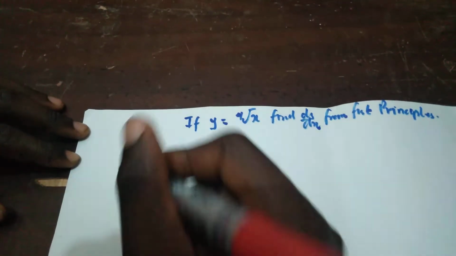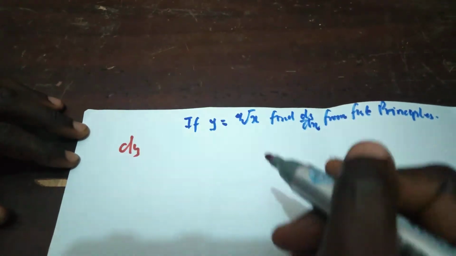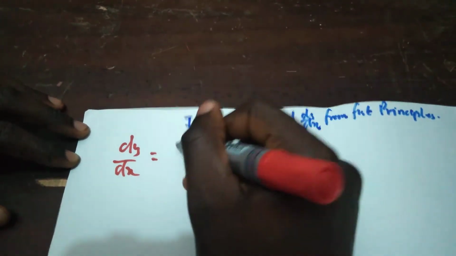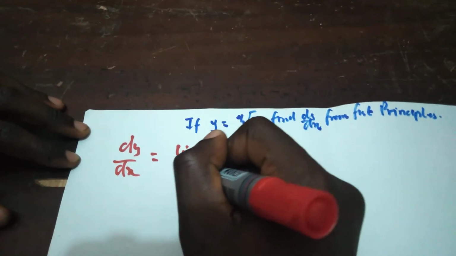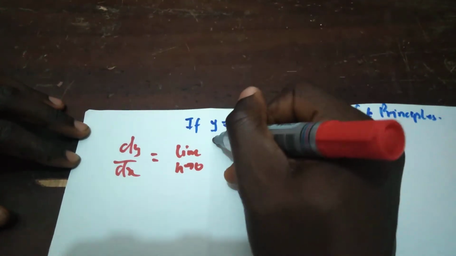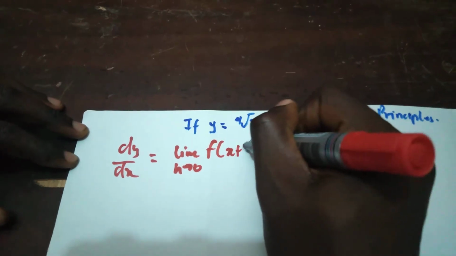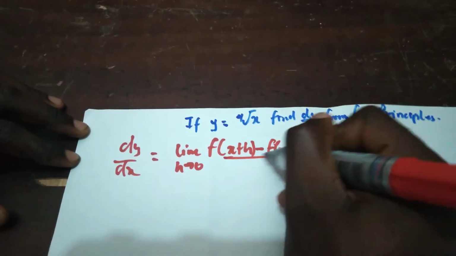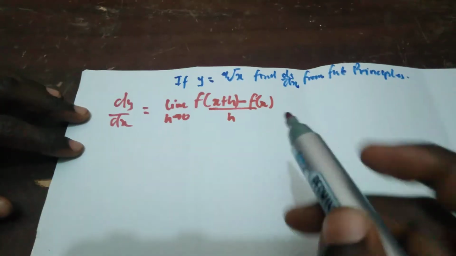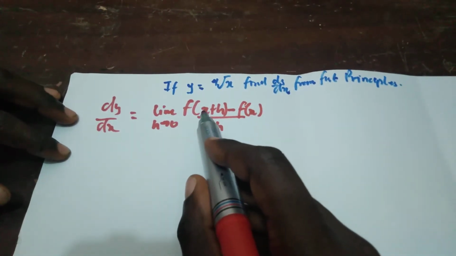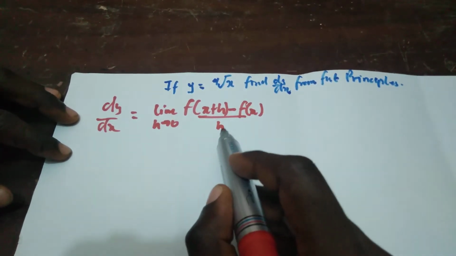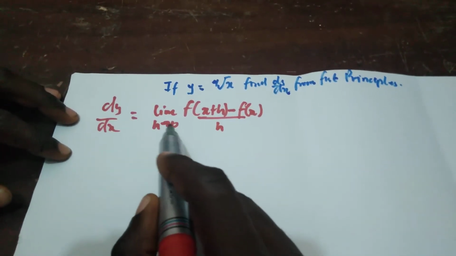First principle says dy over dx is equal to the limit as h approaches 0 of f(x plus h) minus f(x) all over h. Let's just say the function increases by a certain h, minus the original function, all over h as h approaches 0.